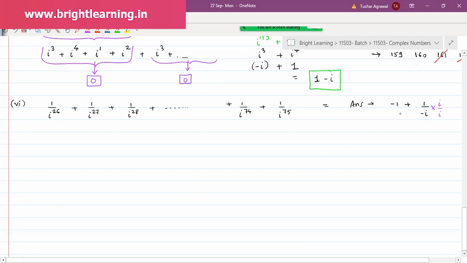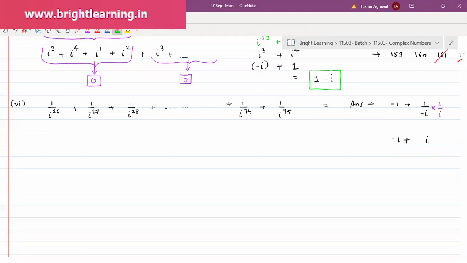If I multiply it by i upon i, so this negative 1 stays as it is, the numerator i as it is, and in the denominator minus i multiplied by i. Minus i multiplied by i is what, sir? Minus of i square. So i square itself is negative 1. So minus of negative 1. Can I delete the denominator? Minus of negative 1 is 1 only. So the answer is minus 1 plus i.